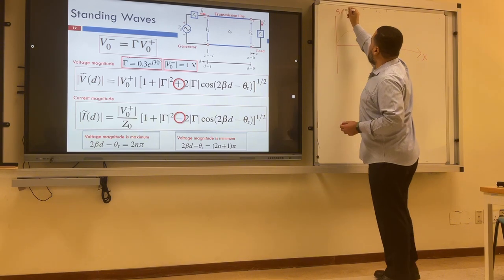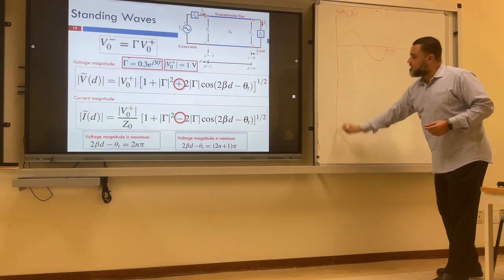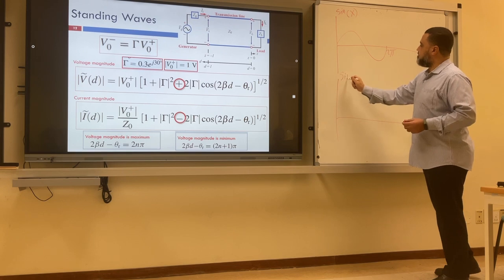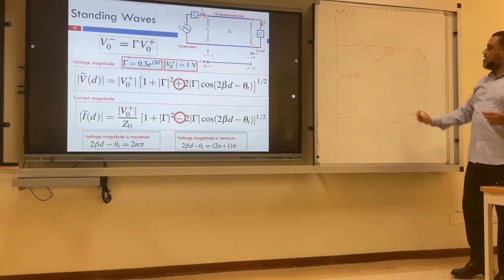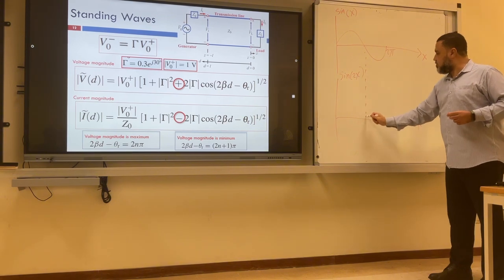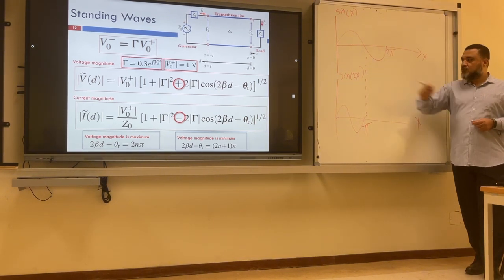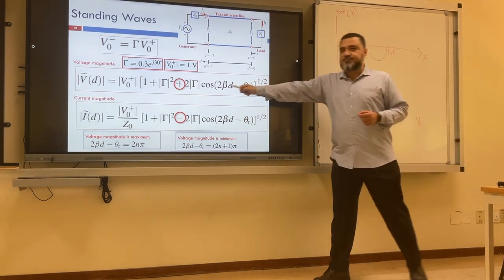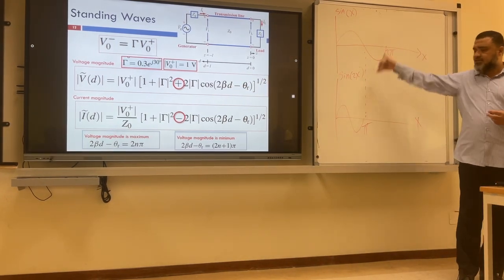If this is sine x, it will complete one cycle at 2 pi. If sine x becomes sine 2x, it will complete one cycle when x equals pi, right? Because of the 2 which appears here, which will make the repetition lambda over 2.